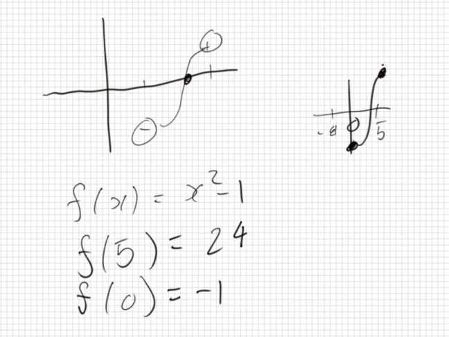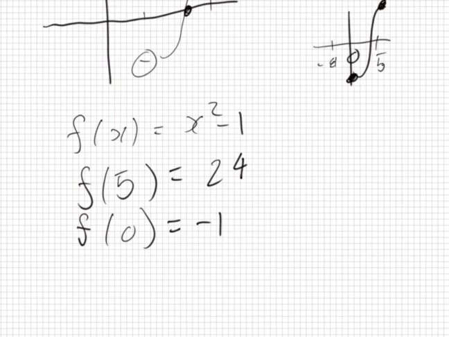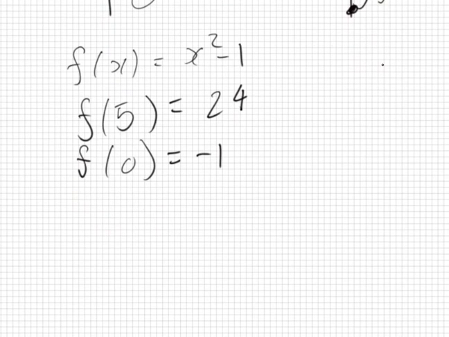So if you want to show that this has a solution, what you need to do is pick 2 points and see if one is positive and one is negative. If that is the case, then there must be a solution in between.